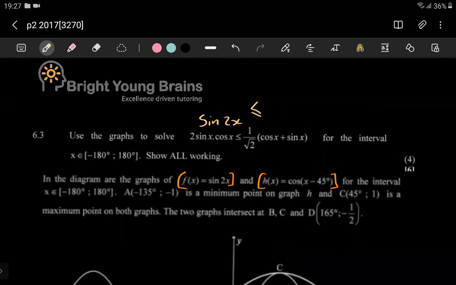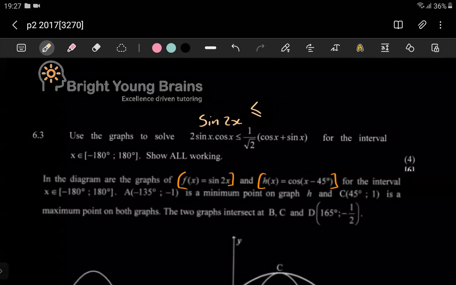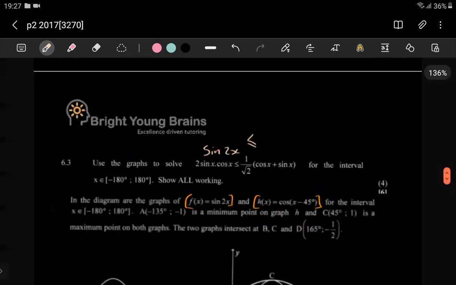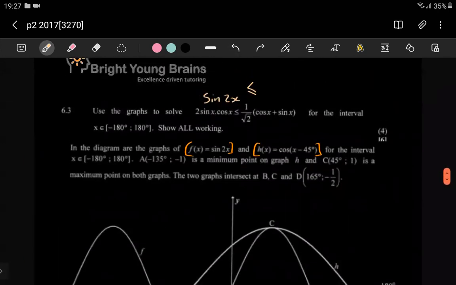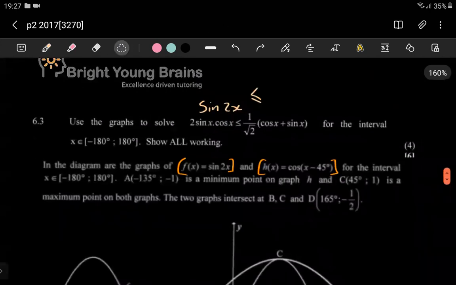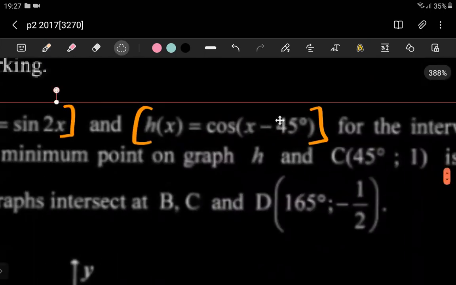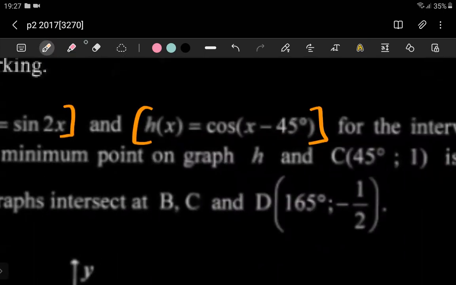For some odd reason, my intuition is telling me that, okay, wait a minute, there's a lot going on in my head. I'm thinking of how this second equation has 45 somewhere, negative 45.